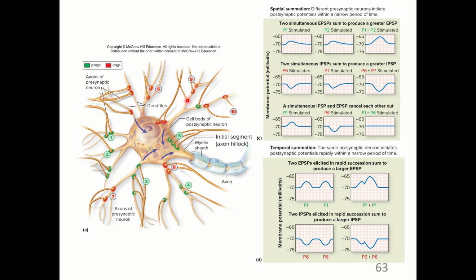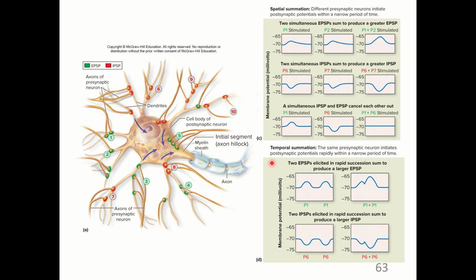P6 and P7 added together will have a higher inhibitory postsynaptic potential. And notice that they are on even opposite sides of the cell body. A simultaneous P1 that is stimulatory and P6 that is inhibitory can cancel each other out. So that is spatial summation.